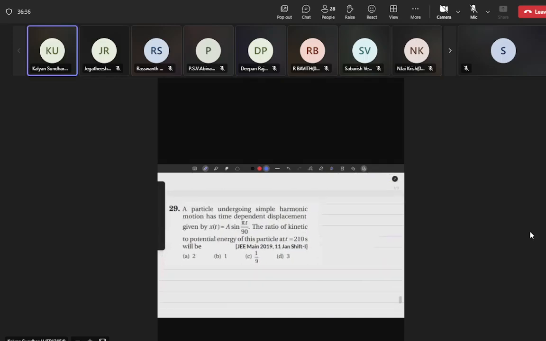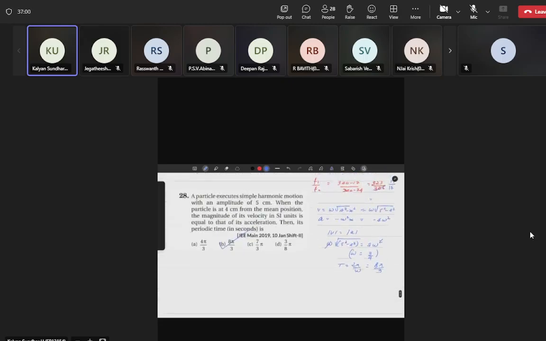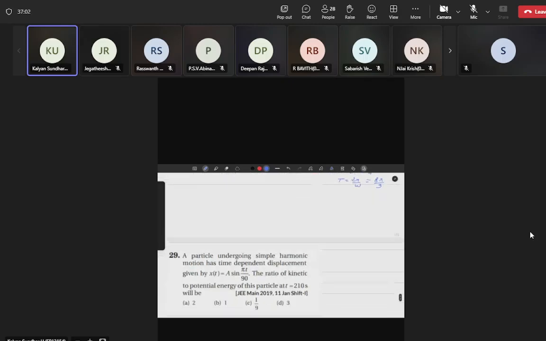A particle undergoing simple harmonic motion has a time-dependent displacement x equal to this. The ratio of the kinetic energy and potential energy will be? So what is kinetic energy? Half m omega square times the velocity square.